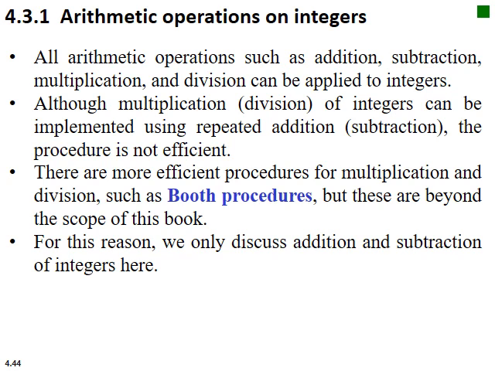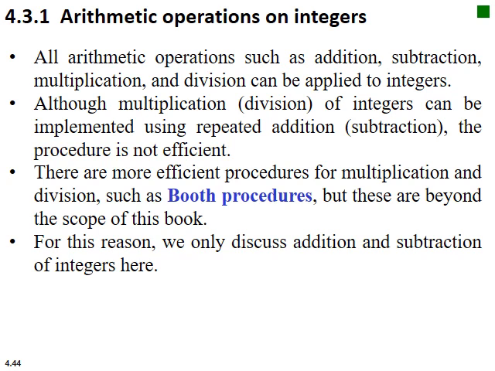Let me just give you an example. If we multiply the number 2 by 5, then we basically can just add the number 2 five times together. So it's 2 plus 2 plus 2 plus 2 plus 2. That simulates the multiplication. You know, it's repeated addition.